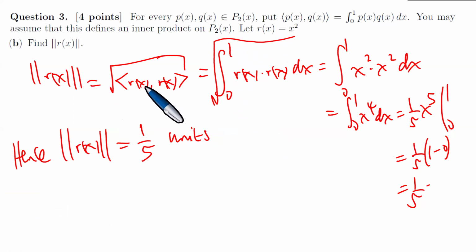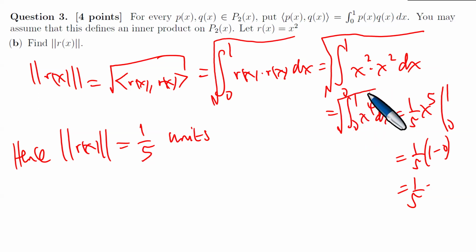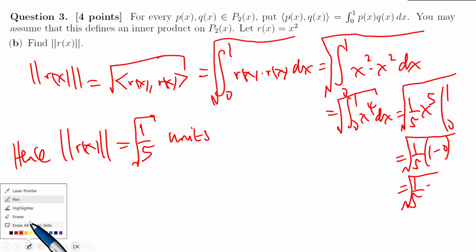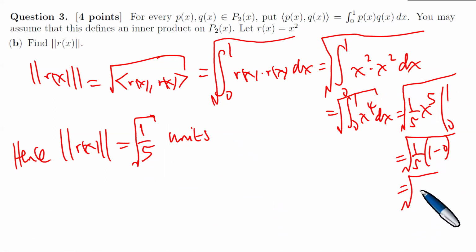Because the square root of this, the inner product of this becomes the integral, but there is a big square root on everything here. And then you have the square root there, and then this one here, which is 1 over 5. And therefore, this is 1 divided by the square root of 5 units.